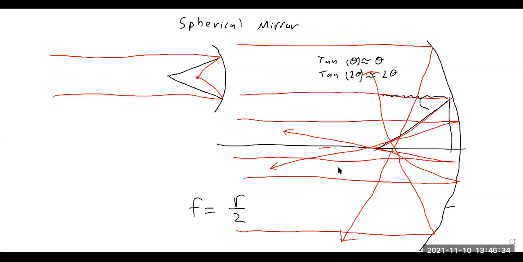So this idea of all of the rays meeting at an exact focal point, if they come in parallel, not quite holding up, is called spherical aberration.